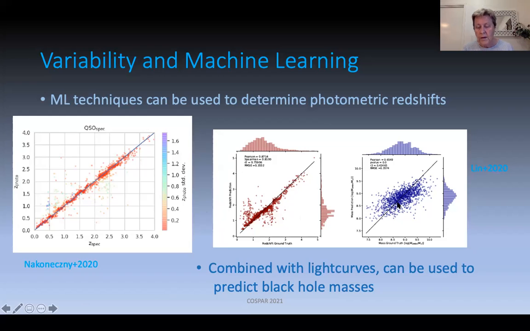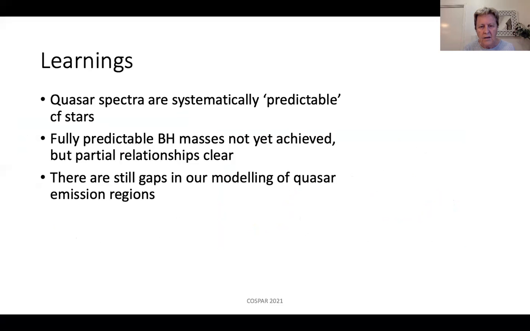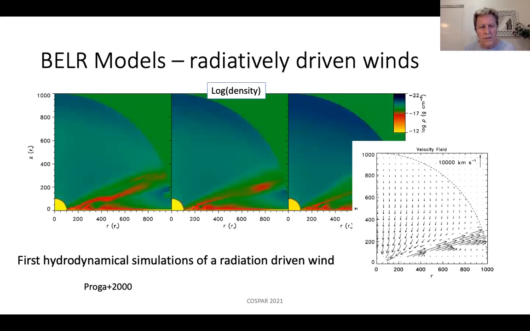Of course, this relies on having a model of truth, and I hope I've indicated that that is so far still evolving. So if we can understand those emission regions, then we will be able to measure black hole masses and redshifts for a lot of quasars.